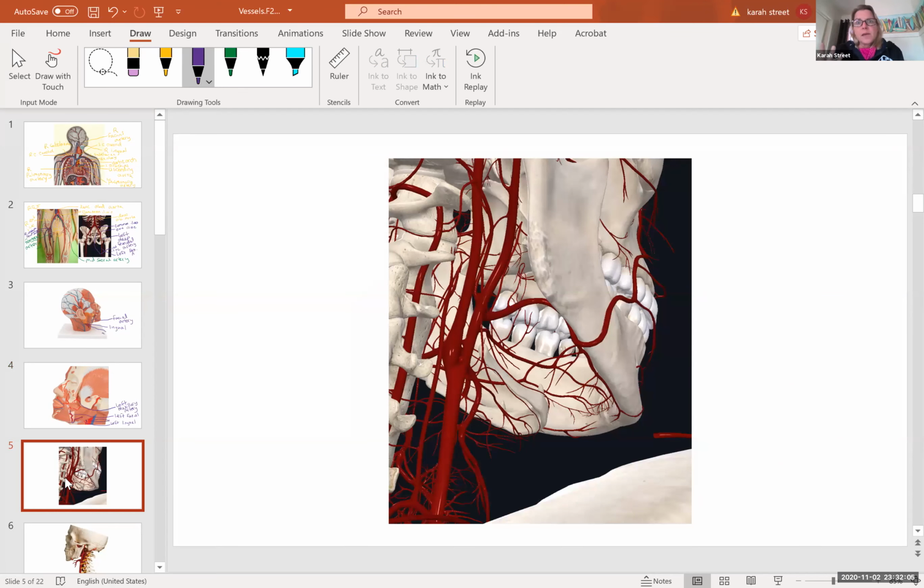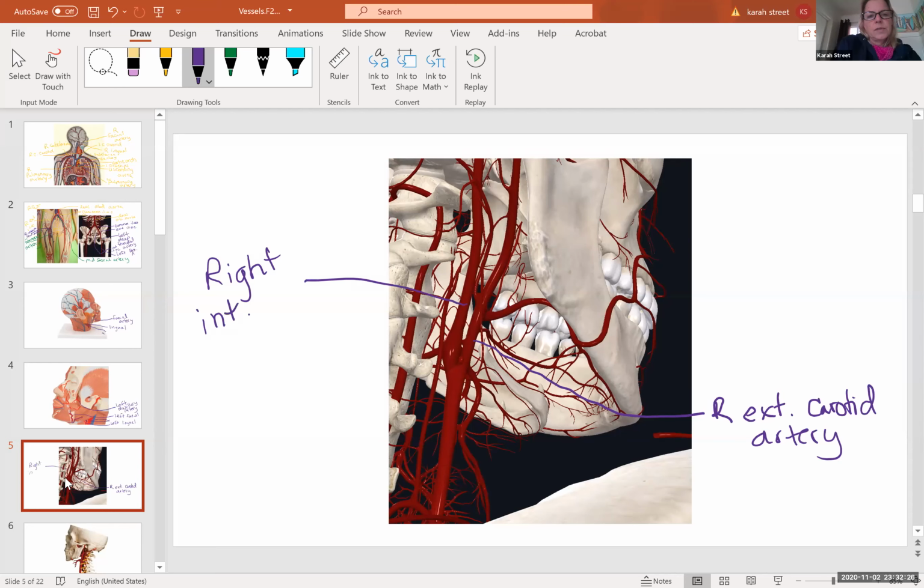Okay, so here is a better example of that. So here is the right external carotid artery. And here is the right internal carotid artery.